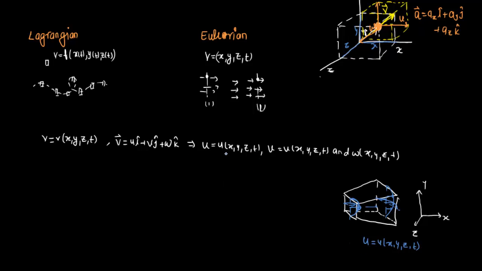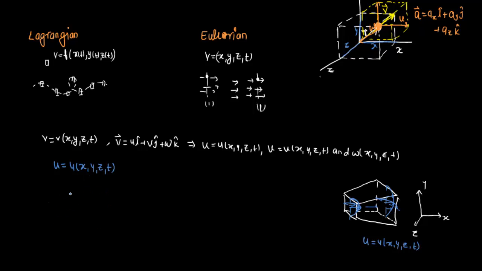Okay. So as we're discussing, u is a function of space coordinates and time. So let's suppose I'm writing again, u is a function of x, y, z and t.